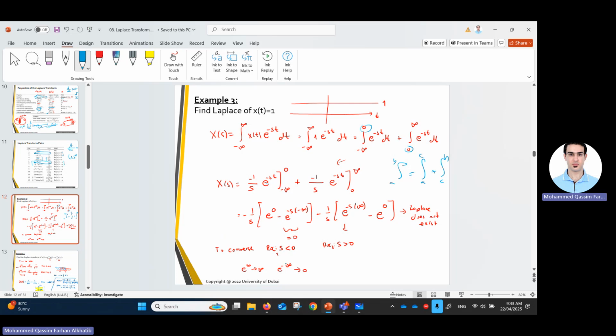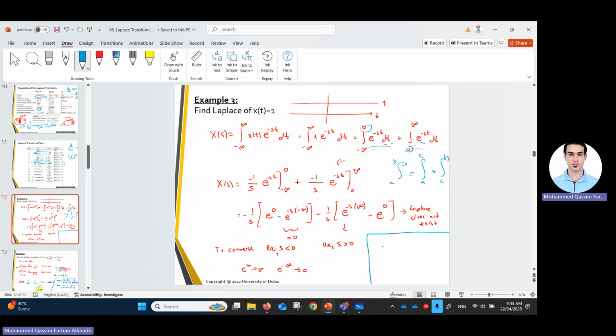Because for the first one, the region of convergence is less than 0. The second one, the region of convergence is larger than 0. And since you have addition of these two functions, then it should be the intersection. There is no intersection. Or you can simply do it like this without doing this separation.